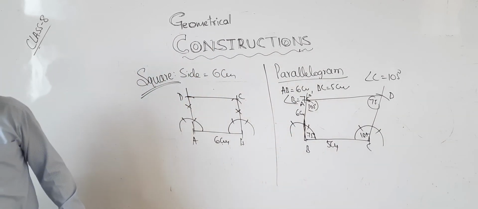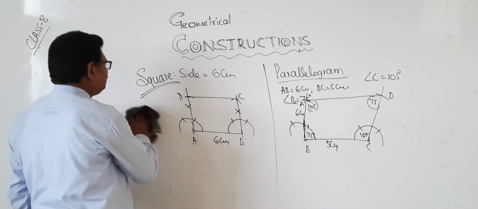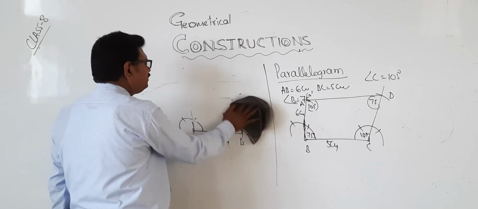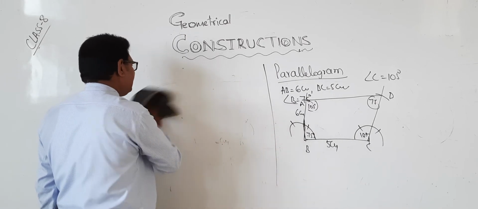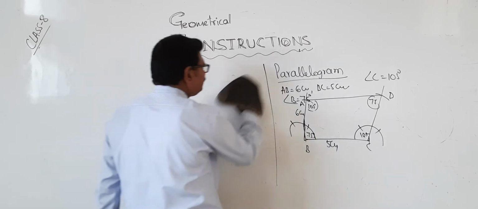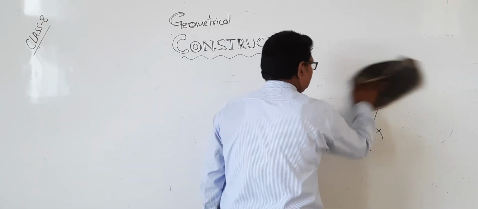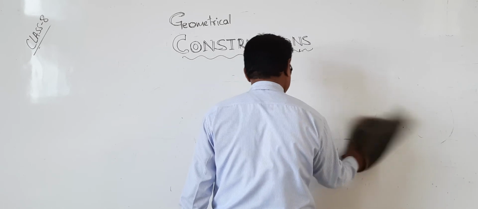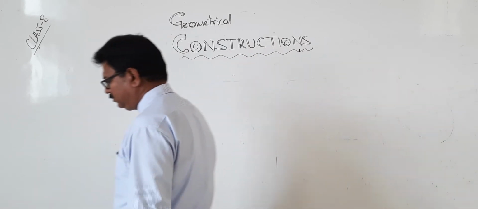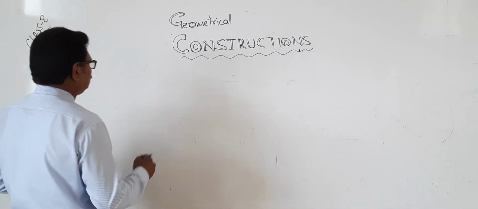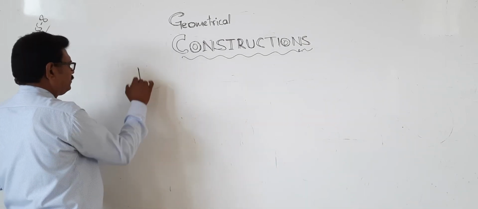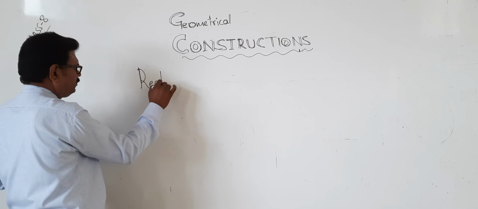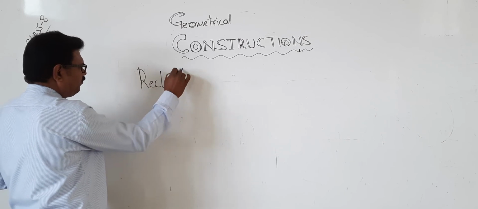Okay? One more is there, that is rhombus and rectangle. Very simple. Rectangle, very important.